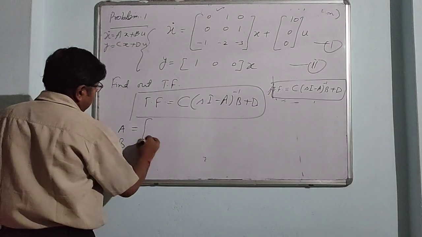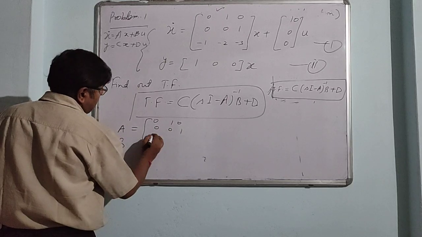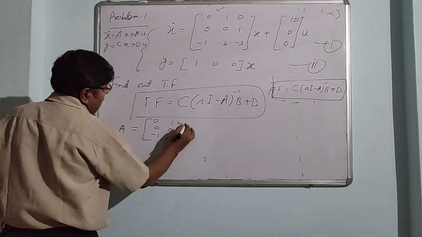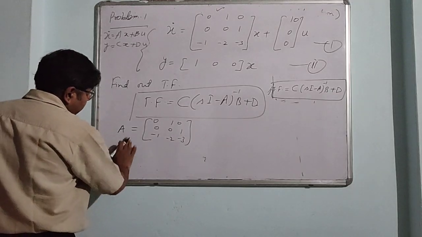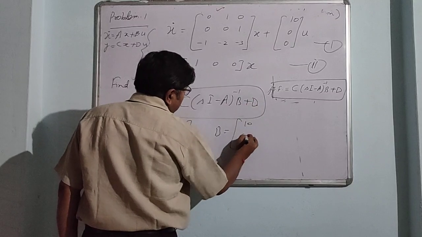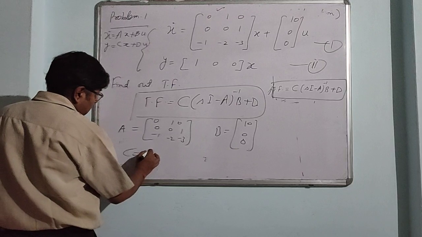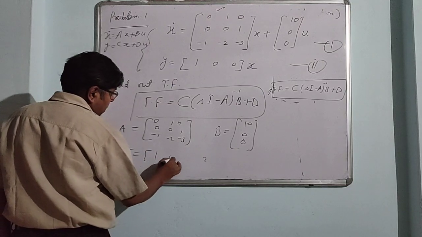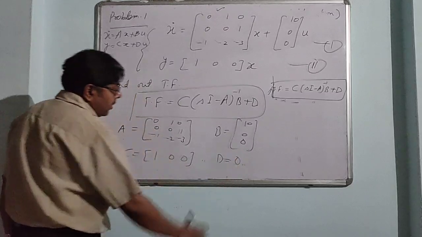A is this one 0, 1, 0, 0, 0, 1, minus 1, minus 2, minus 3. What is B? B we can write B is this one 10, 0, 0. What is C? C is this row matrix, and what is D? This is 0, null matrix.